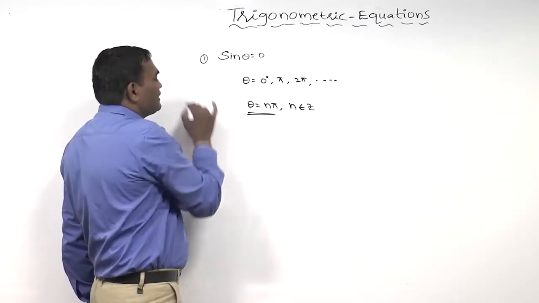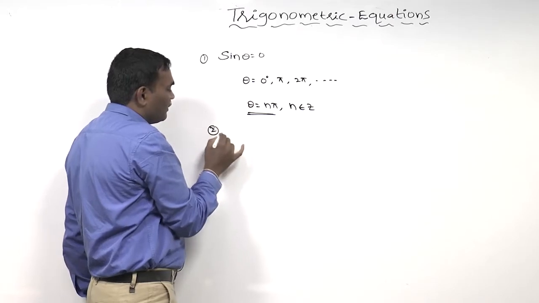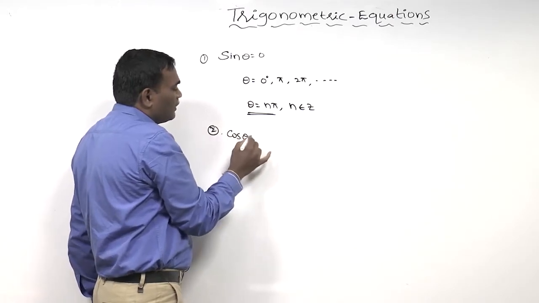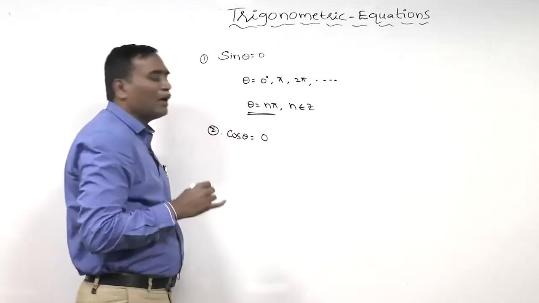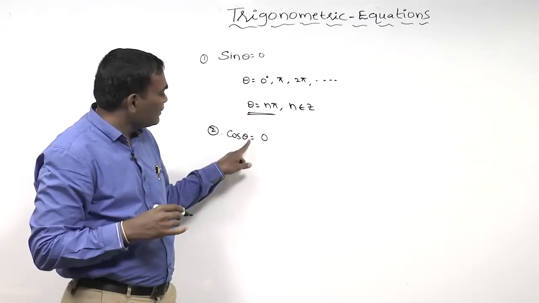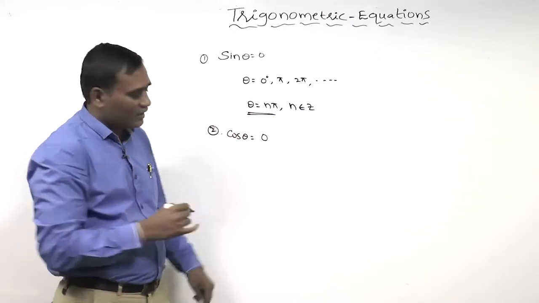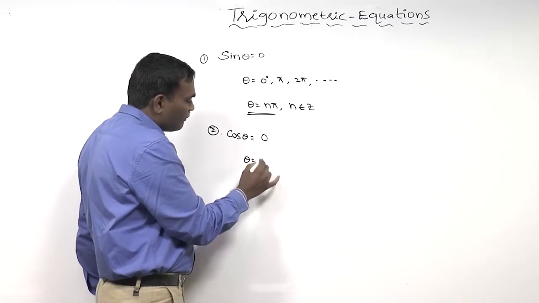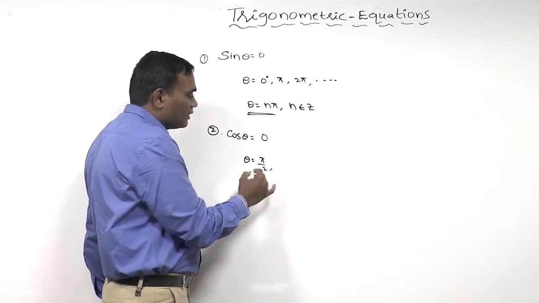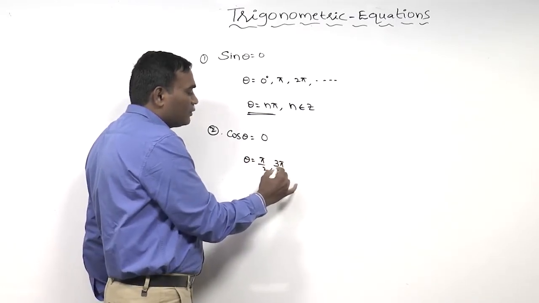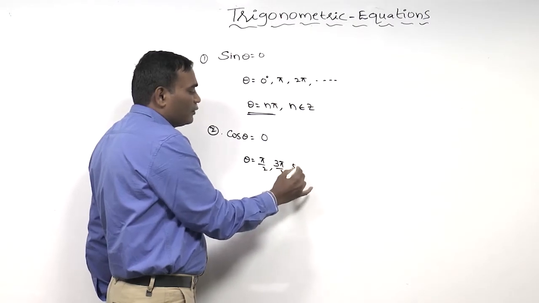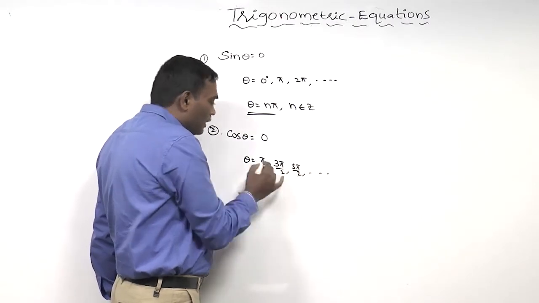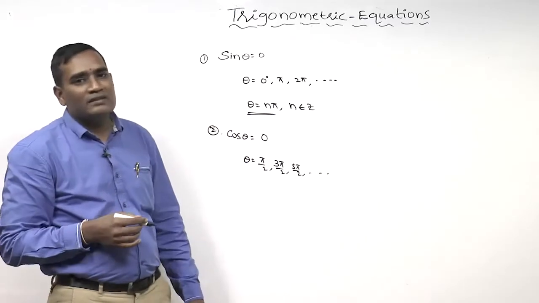Similarly, for cos theta is equal to 0, what is the general solution? For what values is cos theta 0? Here, theta is equal to 90 degrees, 3 pi by 2, 5 pi by 2. What does that mean? All odd multiples of pi by 2: 1, 3, 5.